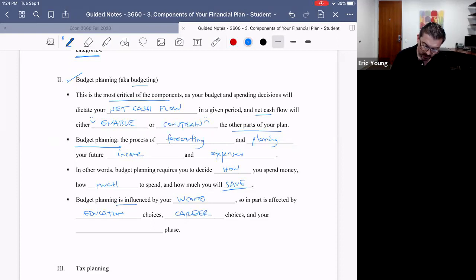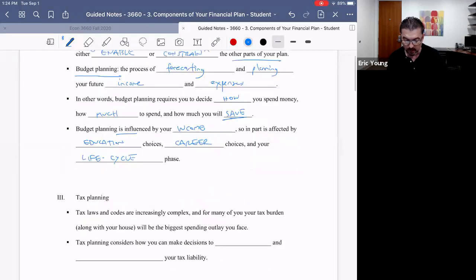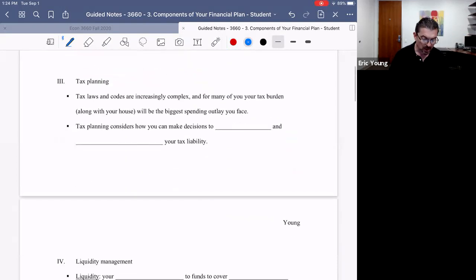And your budget planning will also be influenced by your life cycle phase, because obviously both the amount and nature of your income as well as your obligations for expenditure will change as you evolve on your own individual life cycle phase, okay? So part one, budget planning.